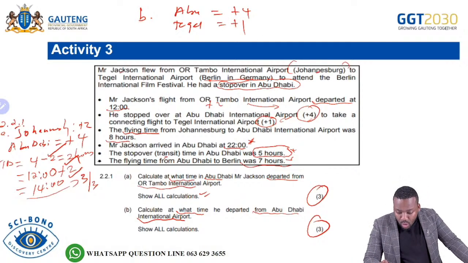Right, therefore we only have this. So what are you going to do there? We will say 22 hours. Then remember, we will say 22 hours plus the stopover.